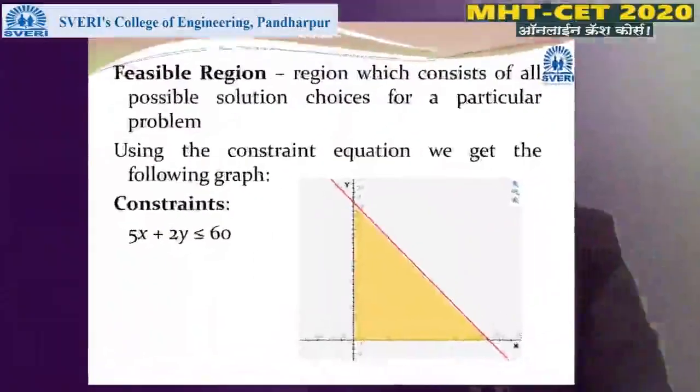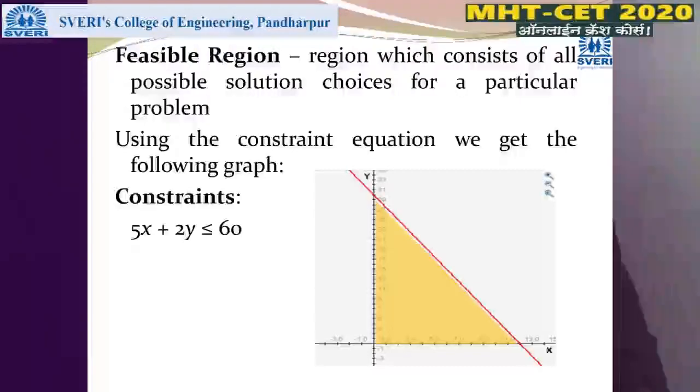In this graph you can see the feasible region, the shaded region. The region which consists of all possible solution choices for a particular problem is the feasible region. We can use any two constraints, and by using those constraints we will get the feasible region like this.